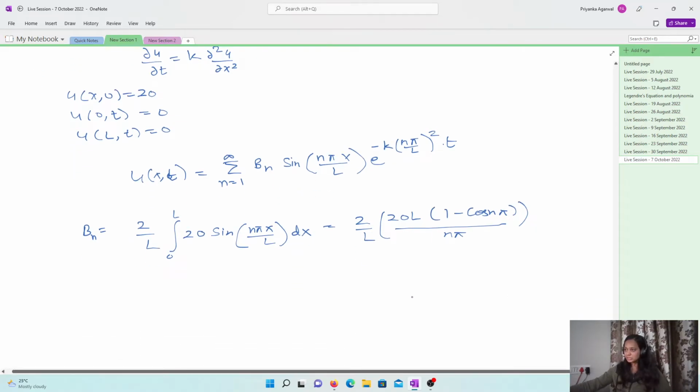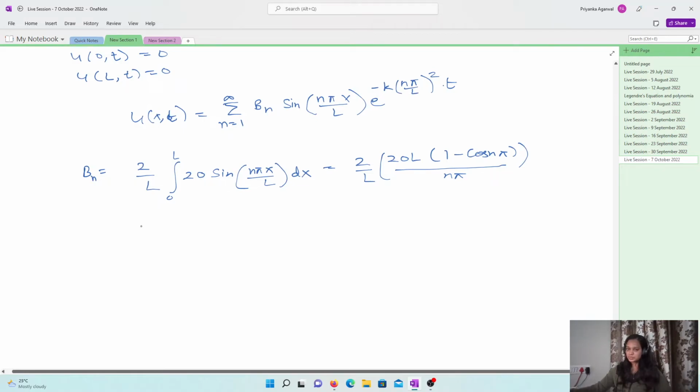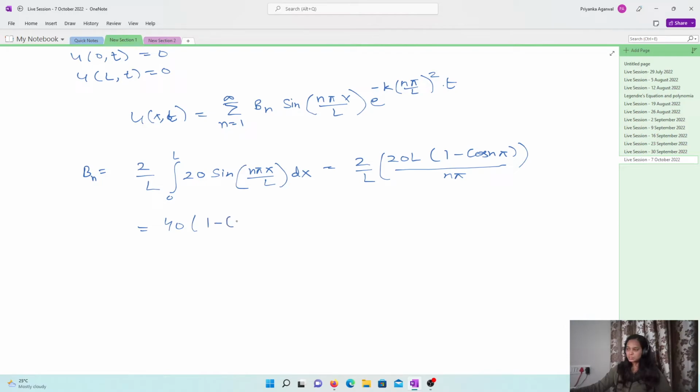This is after applying the limits. So this becomes 40 times 1 minus minus 1 to the power n over n pi.